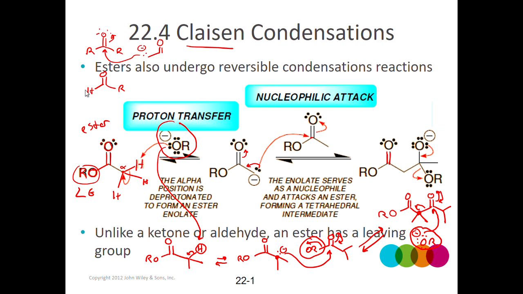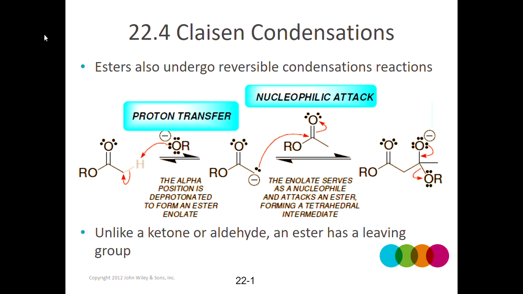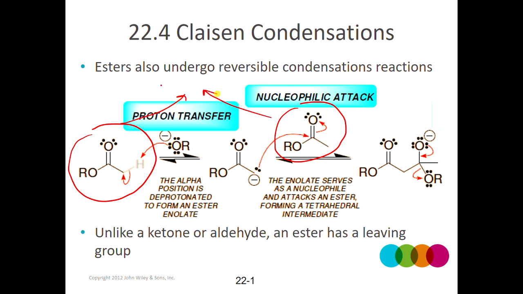You want to note that in this Claisen condensation, the first molecule of the ester that we started with becomes an enolate, and then it reacts with another molecule of the ester that's identical, right? So these two structures are the same.